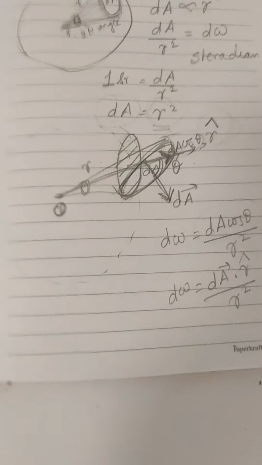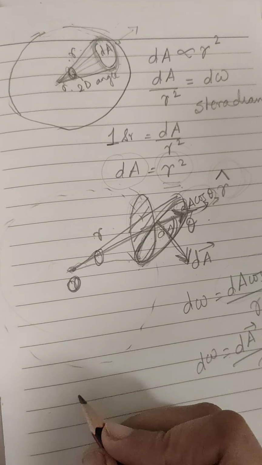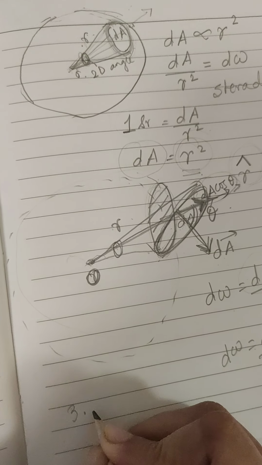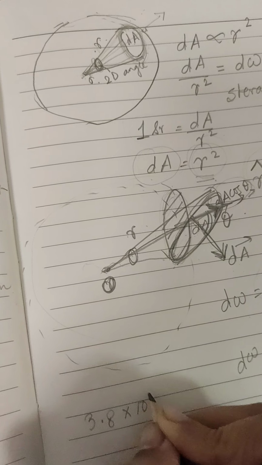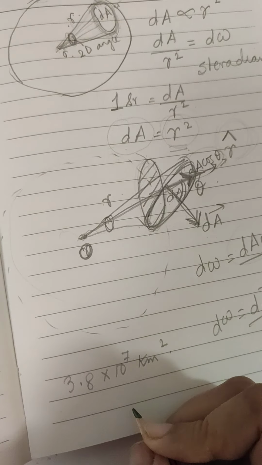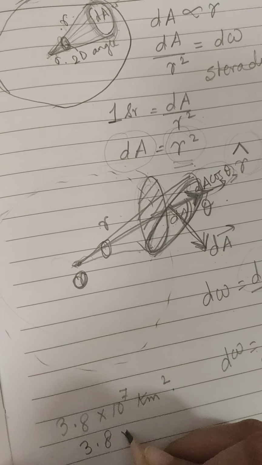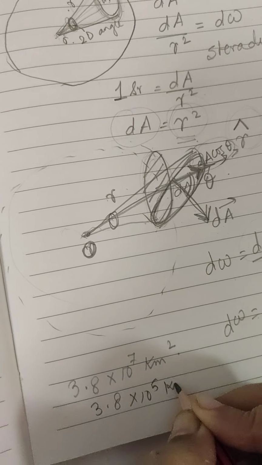The moon has a surface area of 3.8 into 10 to the power 7 kilometer square and has a mean orbital radius of 3.8 into 10 to the power 5 kilometer.